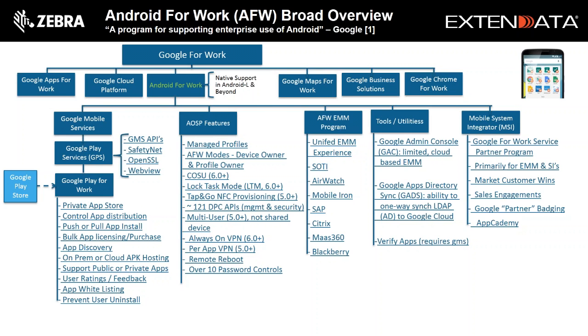So it's a very, very nice private app store. It has a lot of the attributes and features that you have in the general Play Store, but this is private to an enterprise customer. So we don't have a lot of time to go through all of this, but just recognize the takeaway here: Android for Work is really a marketing umbrella, and many of the features that we talk about under Android for Work, you can actually get in AOSP.